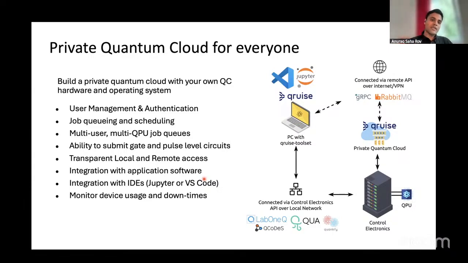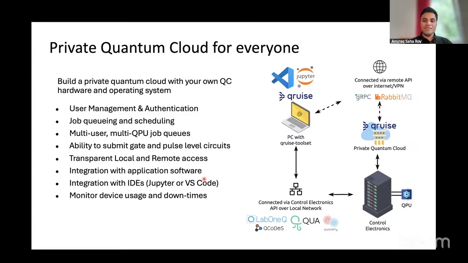And then this will need the same kind of operating system tools that current high performance computers need. So you will need something for managing all the people using the one quantum computer that the university has. You will need some job queuing, some scheduling. You will need to be able to submit gates. You need to be able to work with your favorite IDE, Jupyter Lab, VS Code. You need to know when the quantum computer is up and when it is down for maintenance.